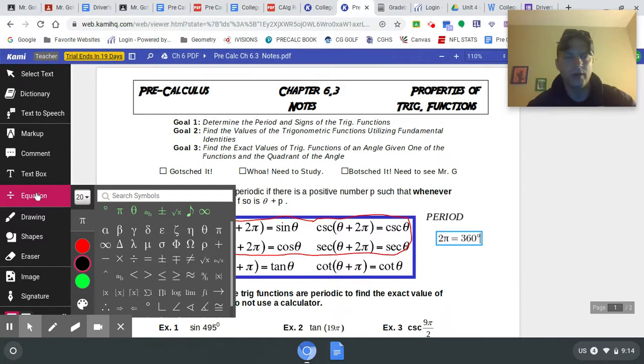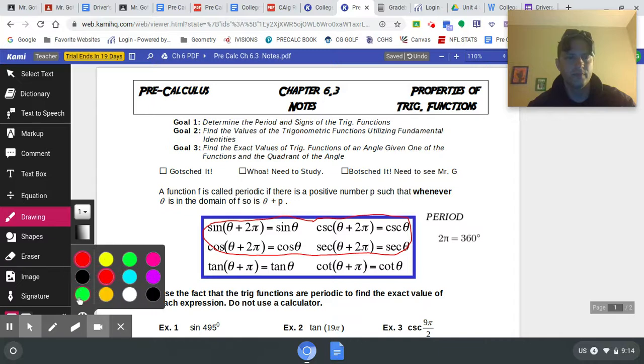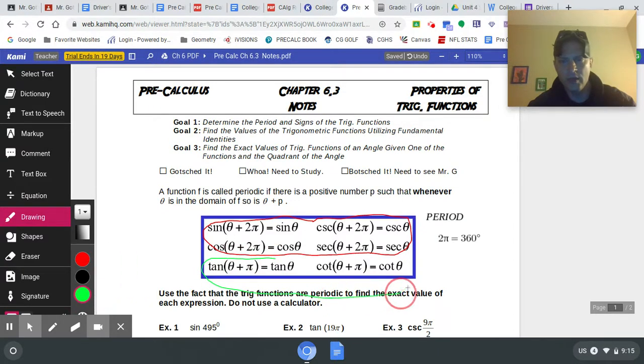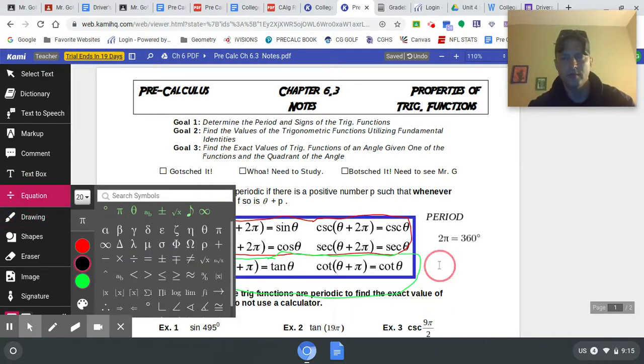When we take a look at the other two, we have tangent and cotangent. They actually only start repeating after pi, so they start repeating after 180 degrees. So we would say their period for these two would be pi, which is equal to 180 degrees.